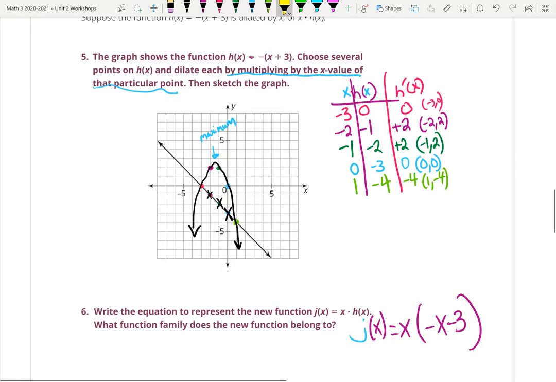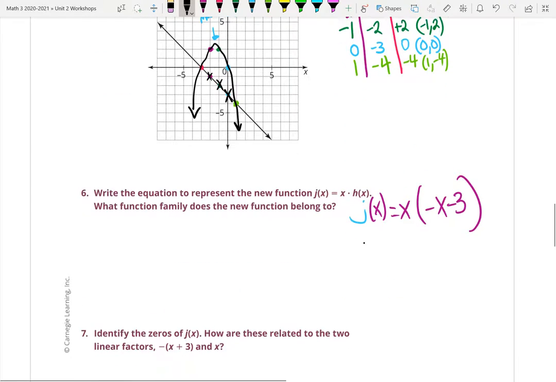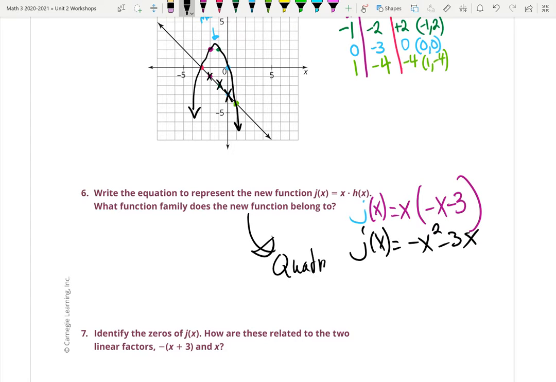All I did was distribute the negative here. Now I'm going to clean it up a little bit. J of x is going to be equal to -x squared minus 3x. Notice how this is now a quadratic.